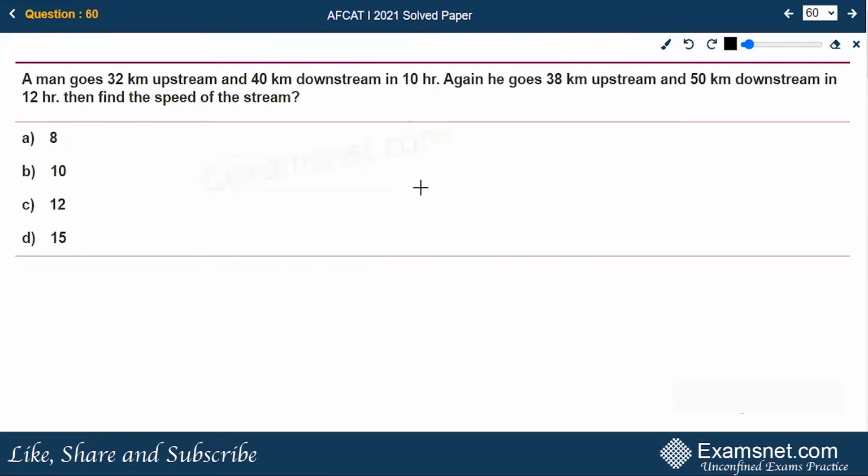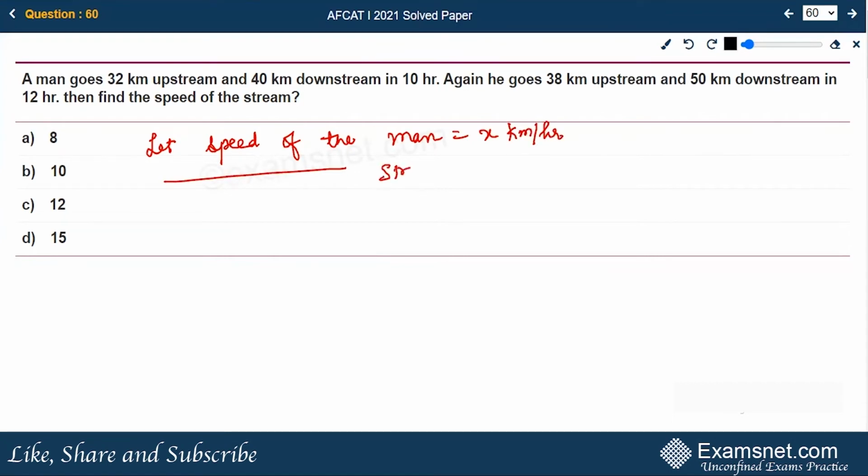First of all, in this question, we don't know the speed of the man and the stream. Let speed of the man be x kilometer per hour and speed of the stream, let's suppose it to be y kilometer per hour.